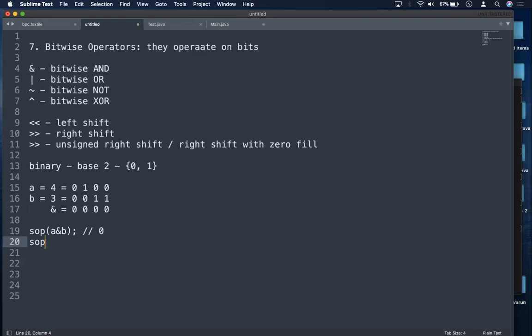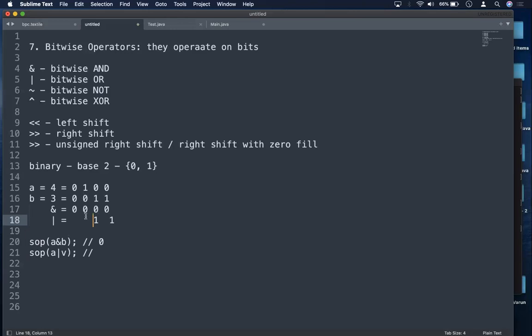In the same fashion, System.out.println A or B. So what is the value we are going to get? A vertical bar B. What's the value we are going to get? Let's see. Here this is for the OR operator, and let's do it from here. So 0 and 1, because one input is there, so 1. 0 and 1 again, so 1, right?